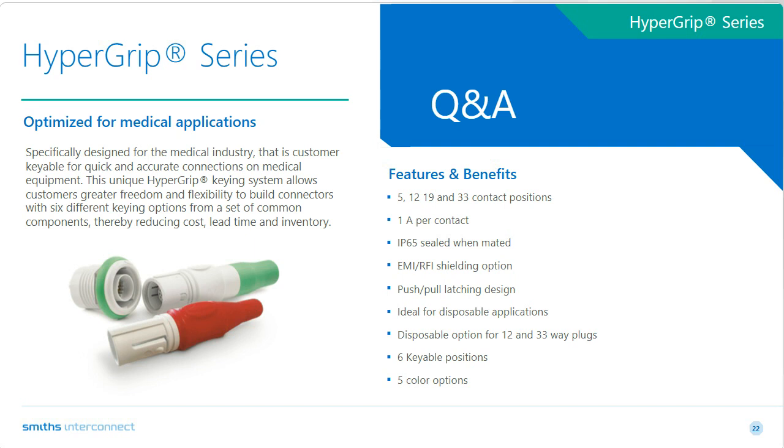As you pull the connector backward, the top piece comes into contact with the bottom piece and presses down the latch. That's what we identify as active latching.